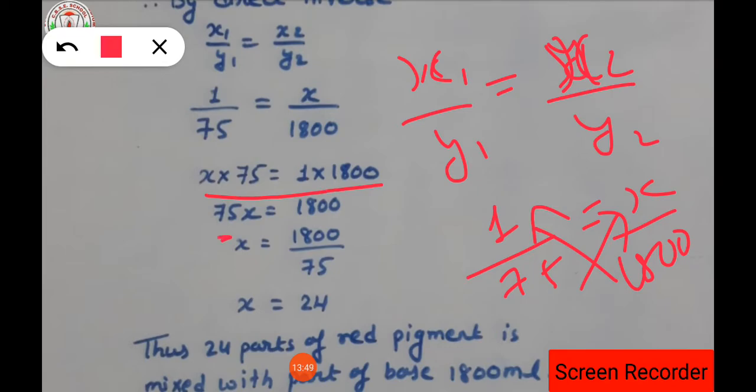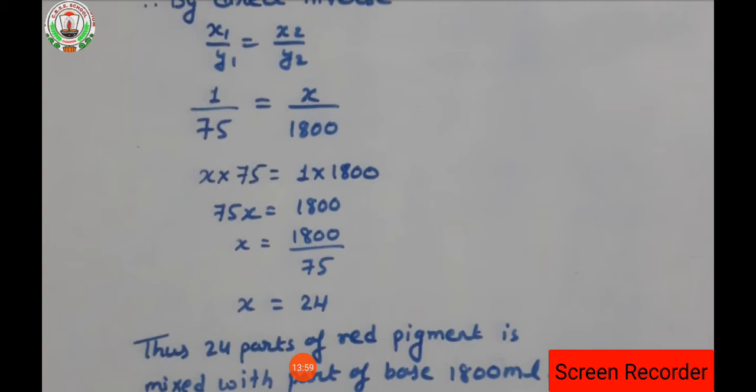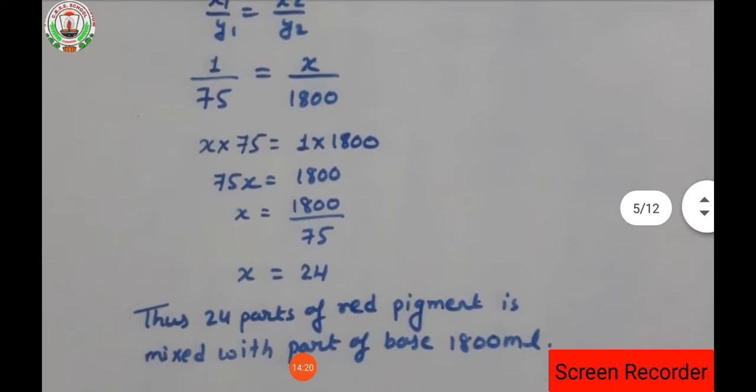So 75 will come in the denominator of 1800, so it will get cancelled. In the table of 75, 1800 comes how many times? 24 times. Or you can directly cancel by the table of 5 also. So the red pigment needed for the part of base of 1800 ml is 24. 24 parts of red pigment are needed for the part of base 1800 milliliter.